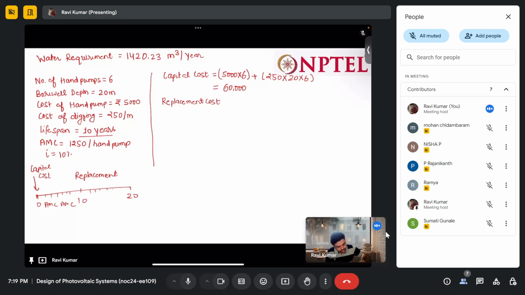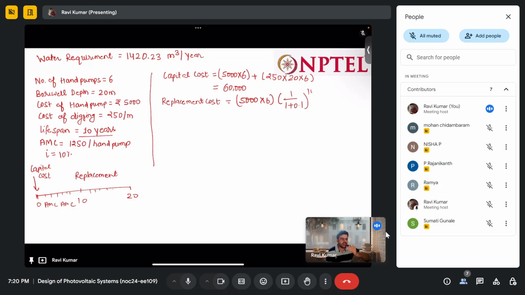So we have replacement cost of 5,000 into 6, but that is after 10 years. So what is the present worth? That will be 1 plus 0.1, to the power 10, because it is after 10 years. Here we are not considering that every year we are putting something.